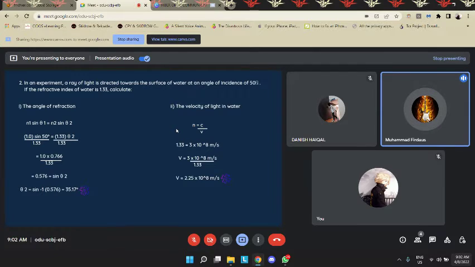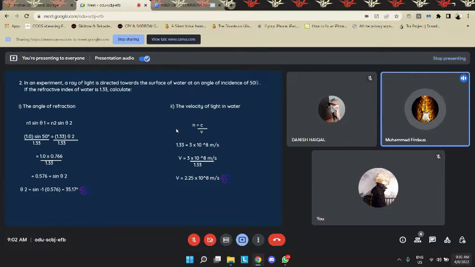So the next question is the velocity of light in water. The formula is n equals c over v. So n from this question is 1.33, and c is 3 multiplied by 10 power 8 meters per second.